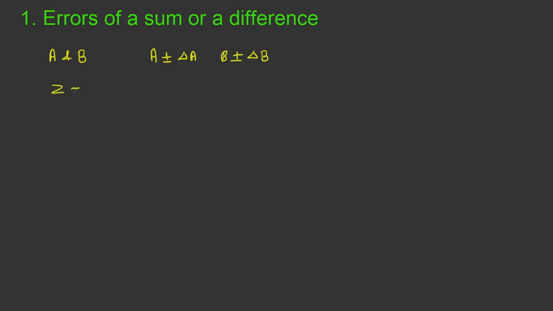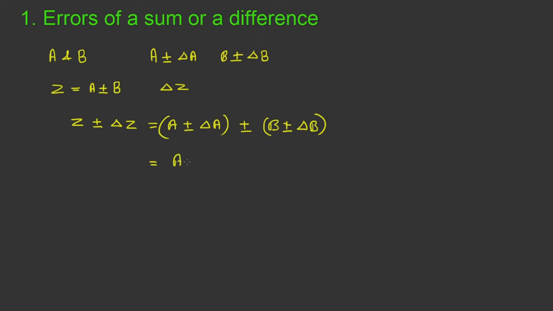Let Z is equal to A plus or minus B, and the absolute error for Z is delta Z. Then I can write Z plus or minus delta Z is equal to A plus or minus delta A plus or minus B plus or minus delta B. Rearranging, I can write A plus or minus B plus or minus delta A plus or minus delta B.